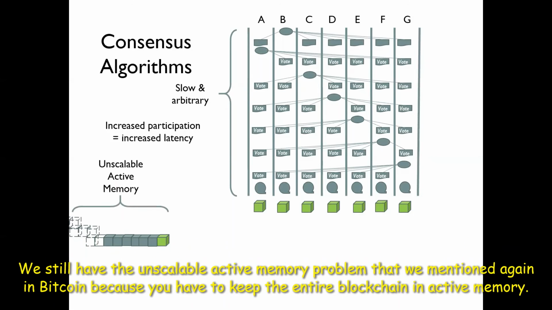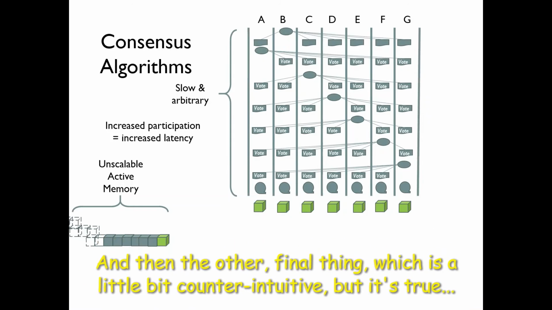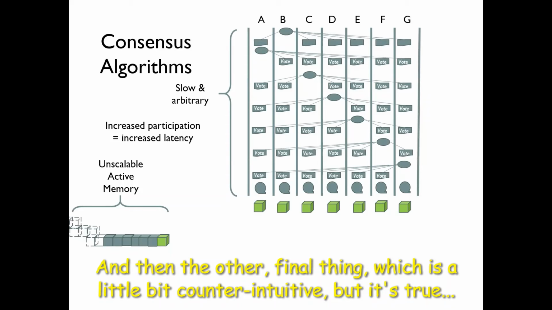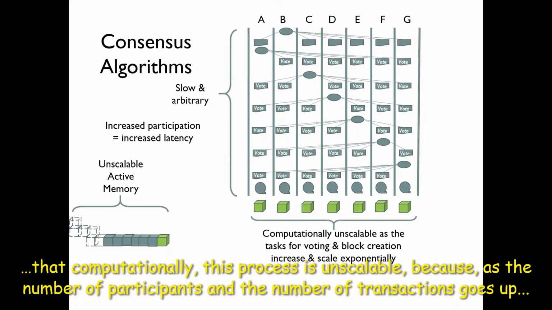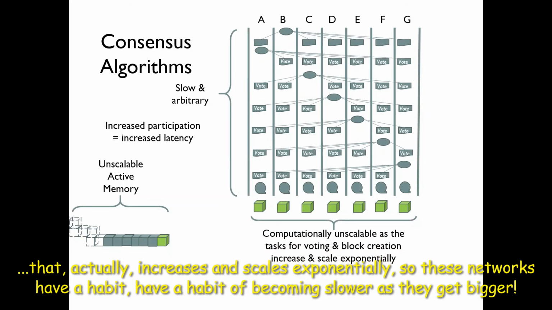We still have the unscalable active memory problem that we mentioned again in Bitcoin, because you have to keep the entire blockchain in active memory. And then the other final thing, which is a little bit counterintuitive, but it's true, is that computationally, this process is unscalable, because as the number of participants and number of transactions goes up, that actually increases and scales exponentially.